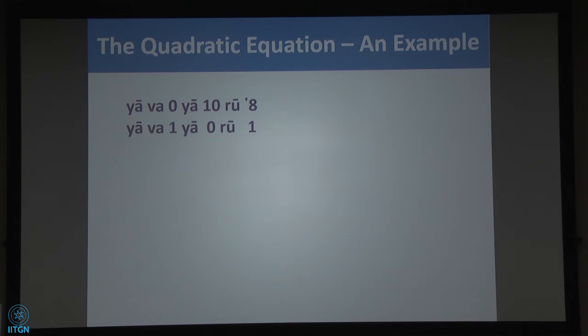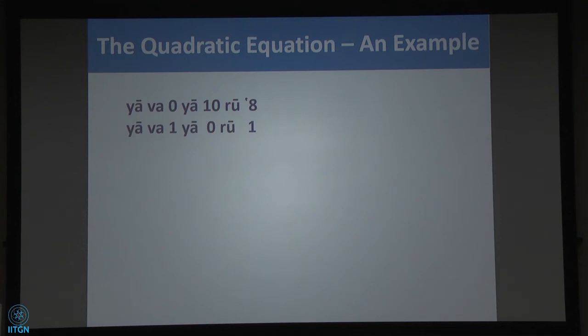So this goes yavat varga 0. And that refers to yavat being, as I mentioned earlier, the unknown quantity, the x. Okay, and varga means that it is squared. 0 is its coefficient, so that is 0x squared. And then you have yavat and 10, so that means 10x.